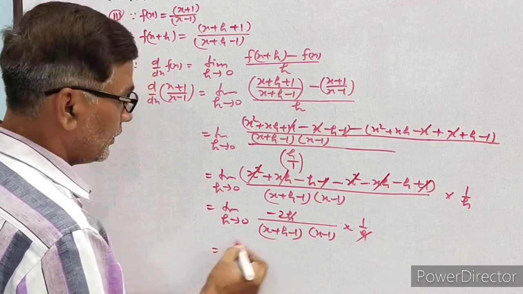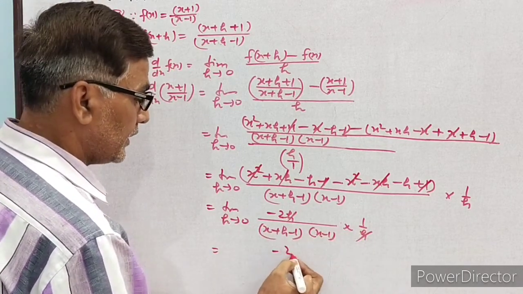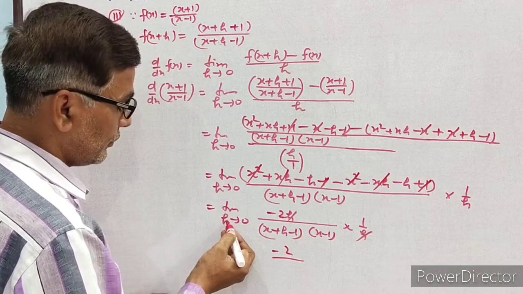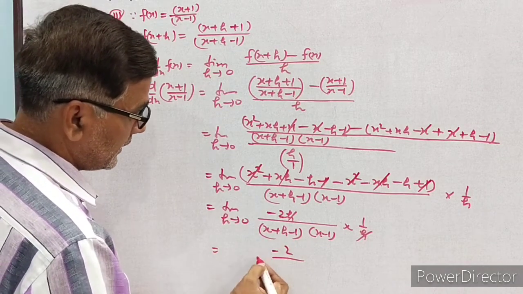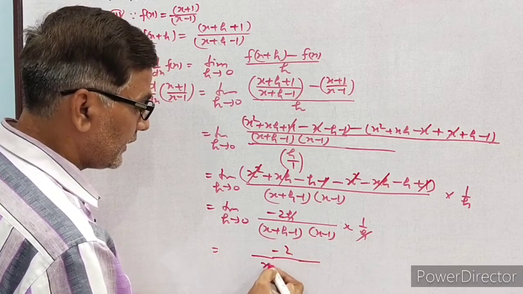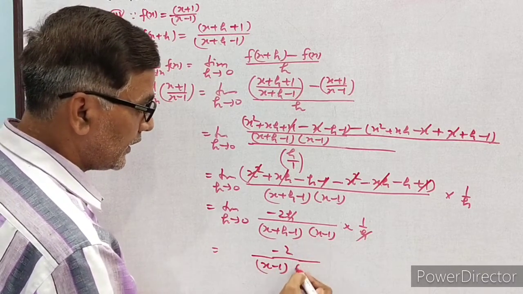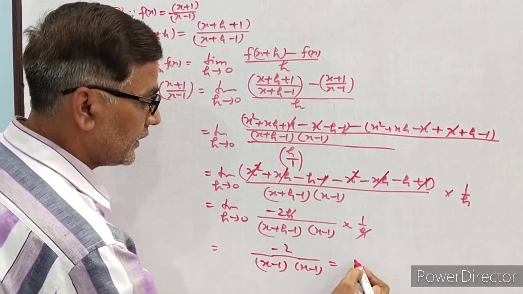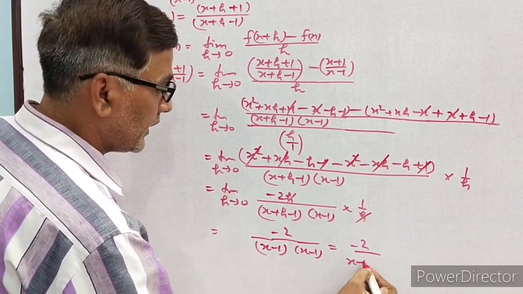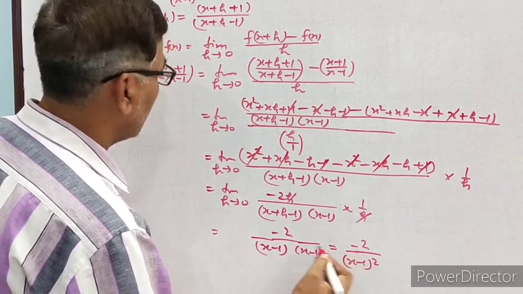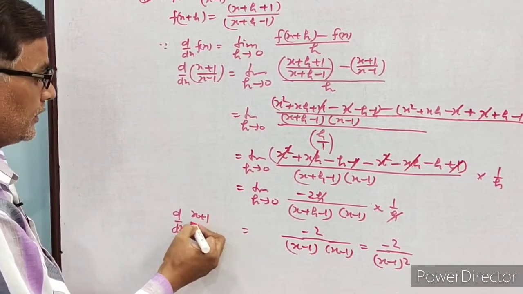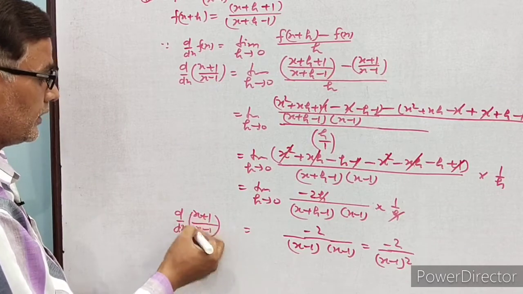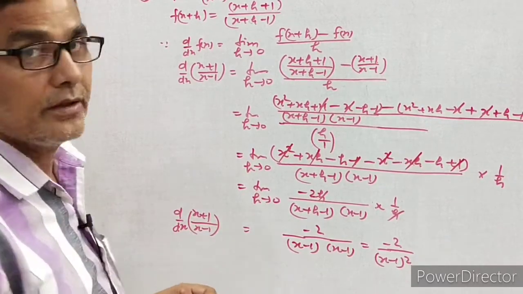Now extend the limit, so we replace h by 0. We have here (x minus 1) into (x minus 1), that is minus 2 upon (x minus 1) whole square. This is the derivative of (x plus 1) upon (x minus 1) by the first principle.